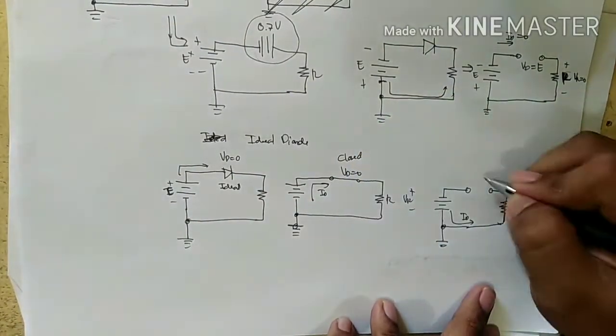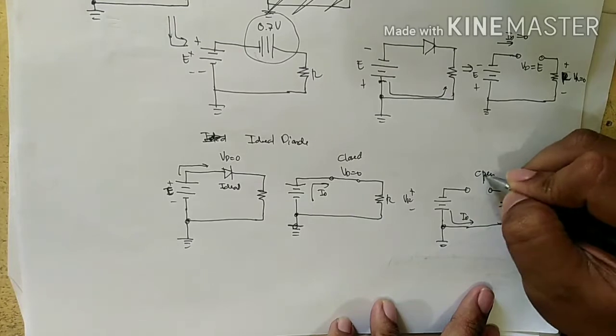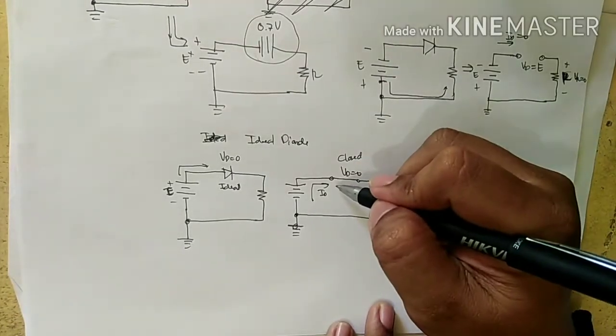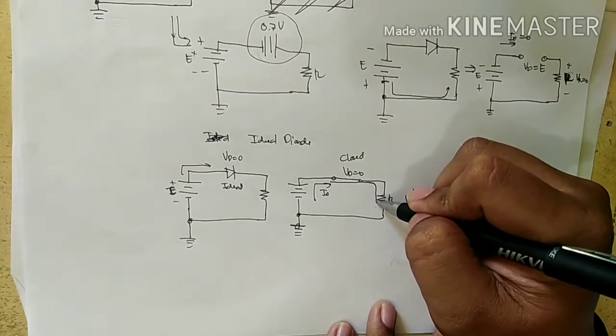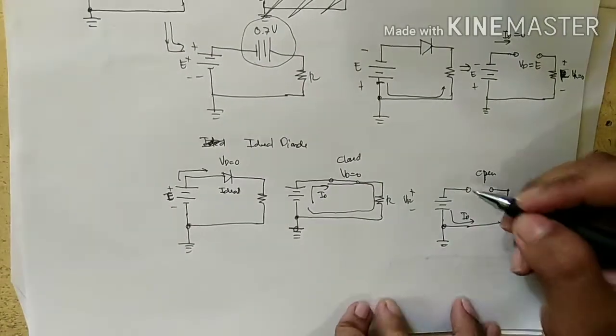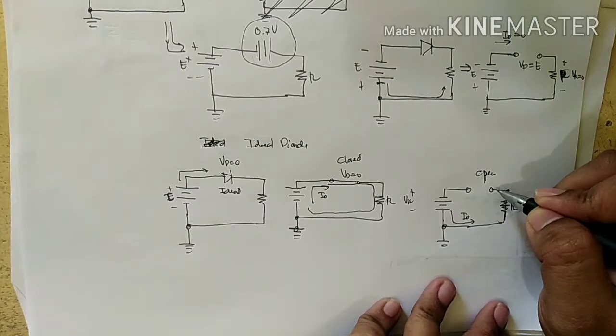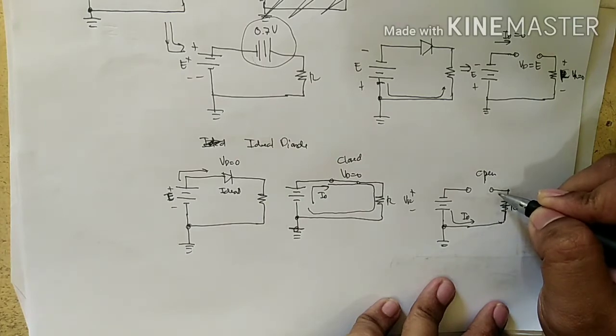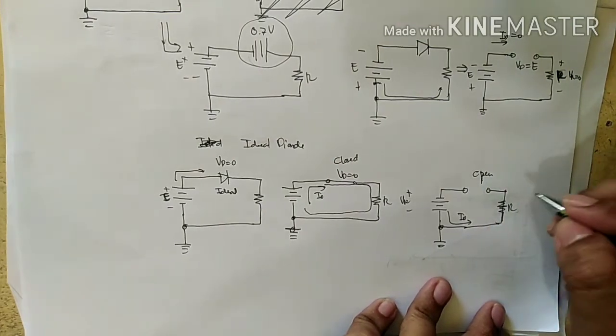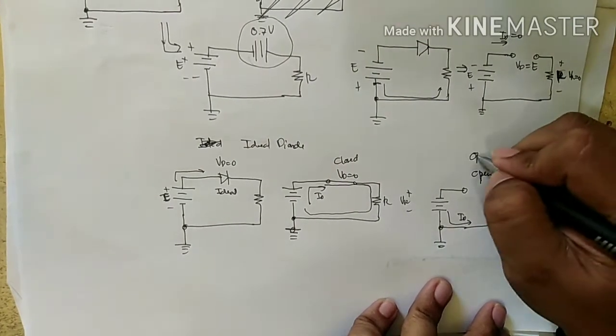Closed circuit means current flows, it is on, so current can pass from this direction. But here, as you can see, our diode is an open circuit. As you can see, there is a gap. The current cannot pass from this point to this point. So it is off.